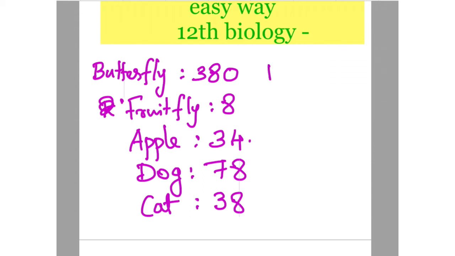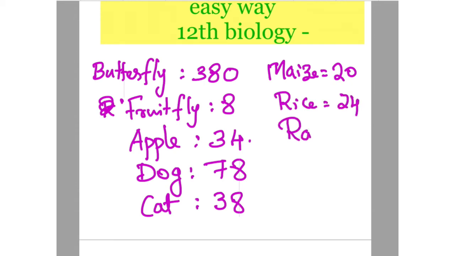Next, for the maize, it is 20, and the rice 24, and for the rat 42.